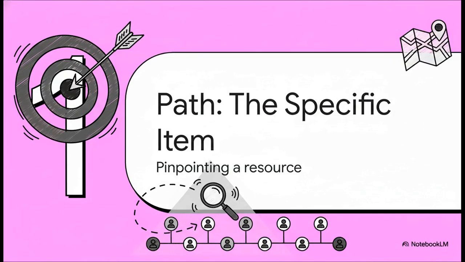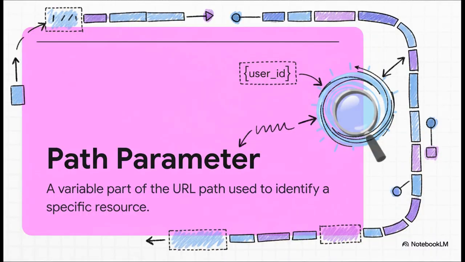All right, let's dig into that, starting with our first player in the game, the path parameter. Its whole reason for being is precision. I mean, it's all about pinpointing one single, unique resource and absolutely nothing else. So here's the big idea, the thing you've got to remember. A path parameter is literally a variable part of the URL path itself.